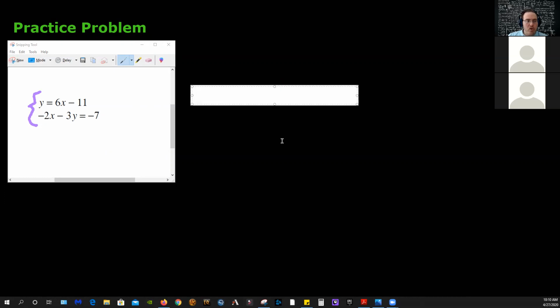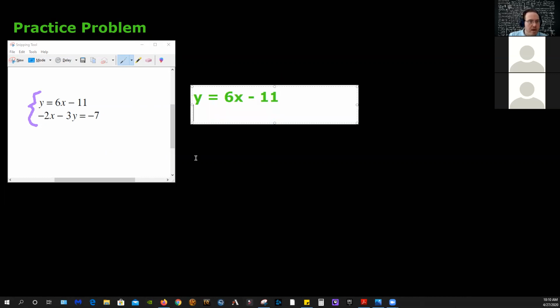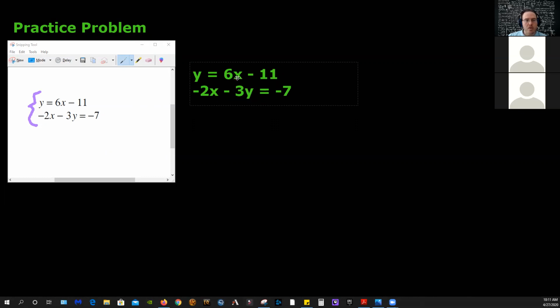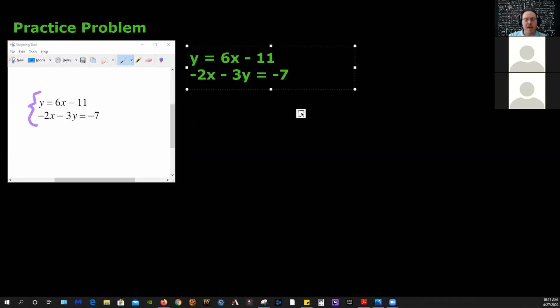So here's what we're going to do. On your own paper, write down these two equations, these two lines: y equals 6x minus 11 and negative 2x minus 3y equals negative 7. Those are our two equations, and they are true, they are valid, they exist.